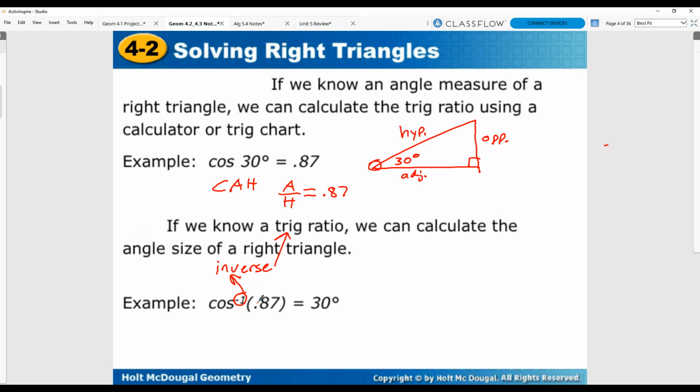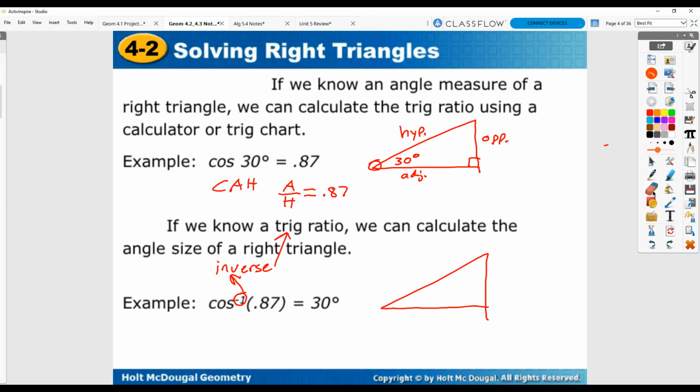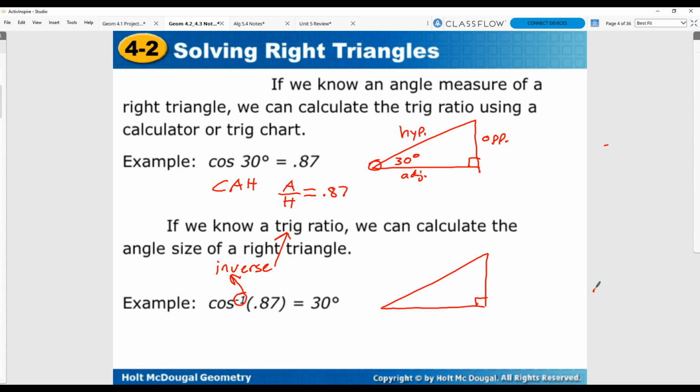Okay, so let's create a visual. Let's say we had a triangle. We got this triangle here, and you have your right angle. And let's say you are at this angle here. And so you'd have your hypotenuse, your opposite, and your adjacent.